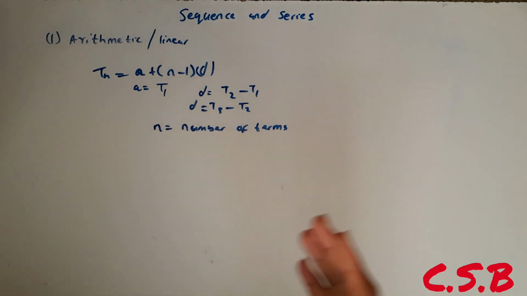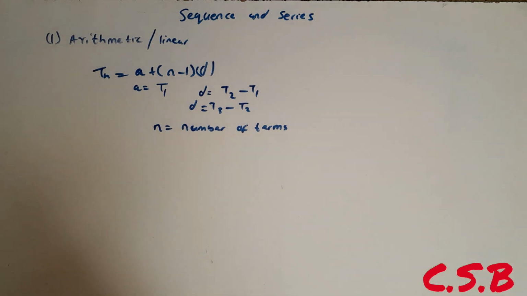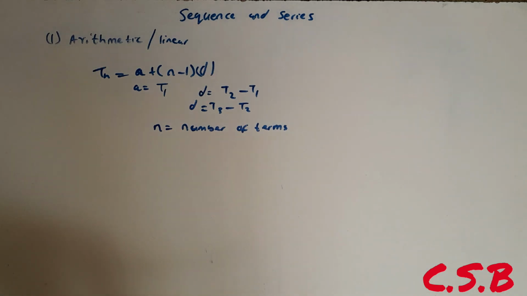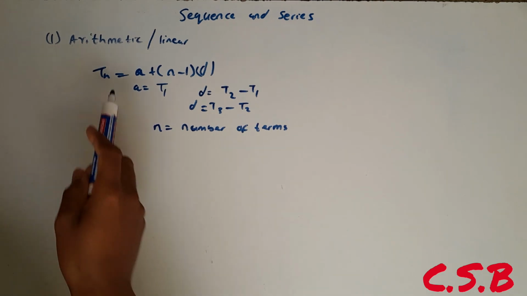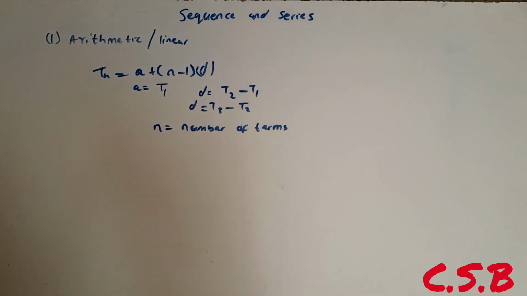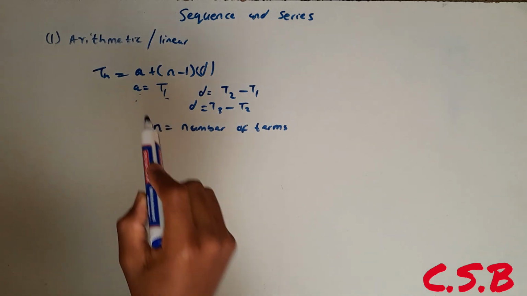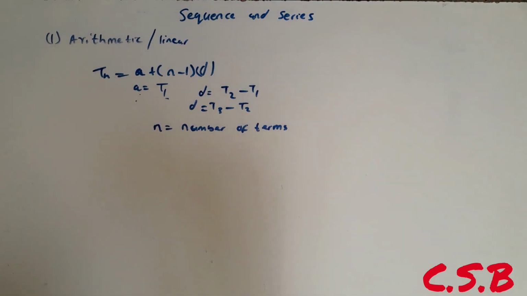We know that the general equation for the arithmetic is Tn equals a plus (n minus 1) times d. So a represents the first term, which is T1 of the sequence. Then d represents the difference between the terms.